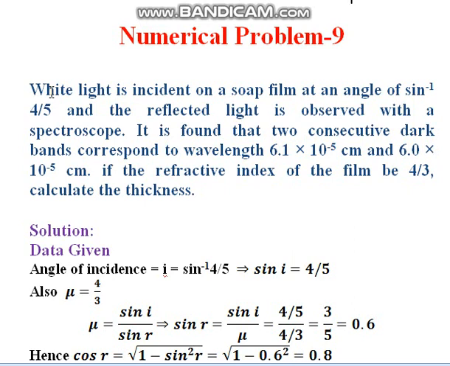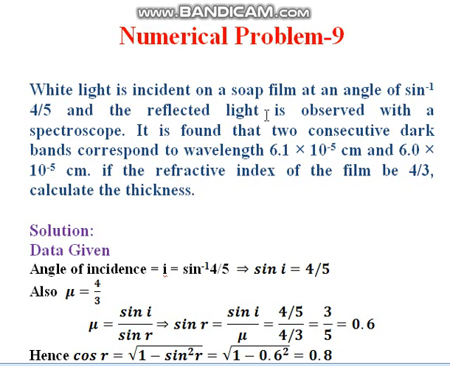The question is this: white light is incident on a soap film at an angle of sine inverse 4 upon 5. This is the angle of incidence, so sine i = 4 upon 5. But we want the cos r value, so we have to calculate it as in the previous video lesson.